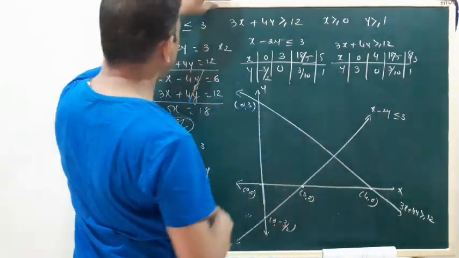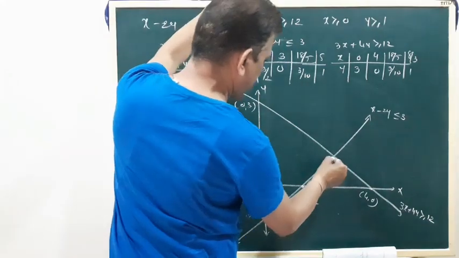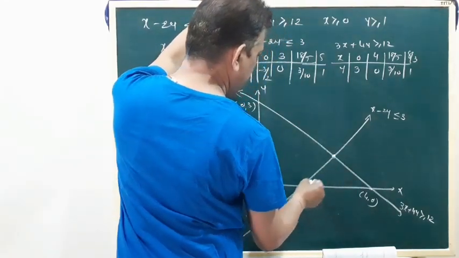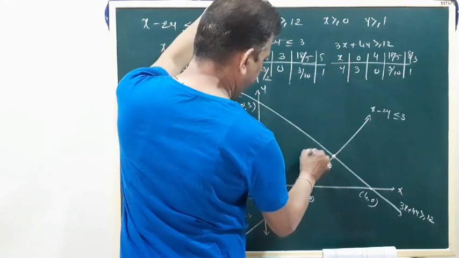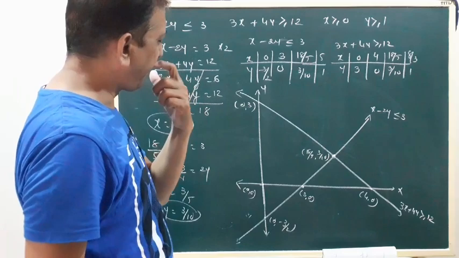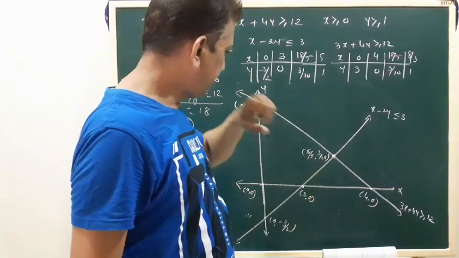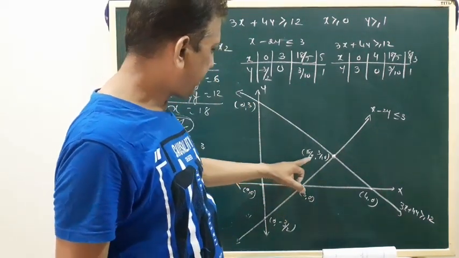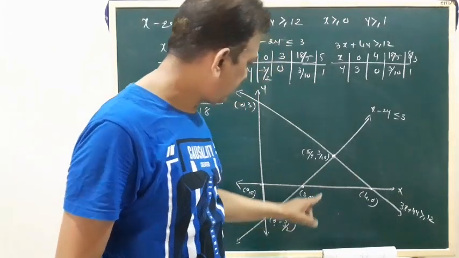So the intersection point of the first two lines is 18 by 5, 3 by 10. 18 by 5: 5 threes are 15, so it is more than 3, on the right side.